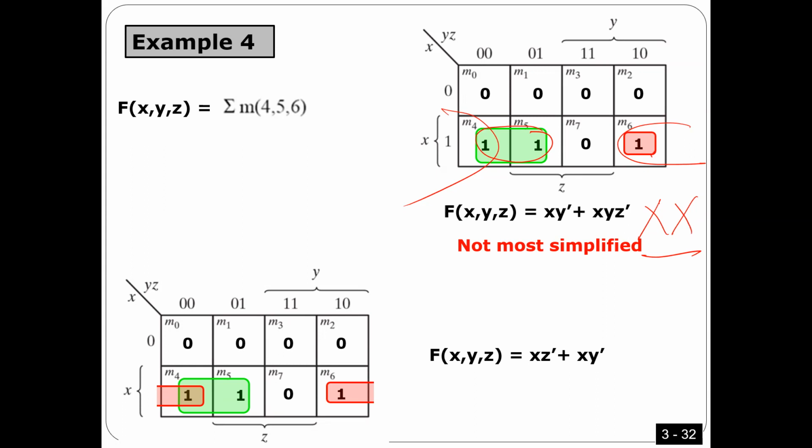Someone can tell me, but wait a second, this one is not the most simplified because we have 2 terms here and 2 terms here. They are the same. No. In the last lecture, I made a definition of the most simplified. Number 1, it has the minimum number of terms. In this regard, yes, both of them are the same.